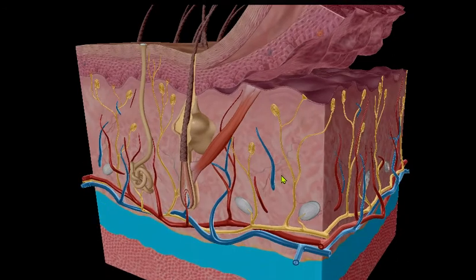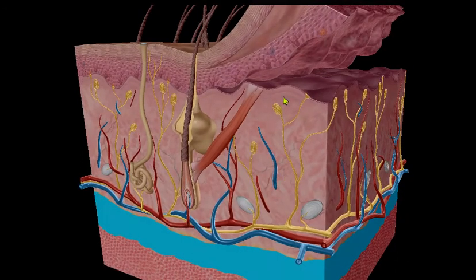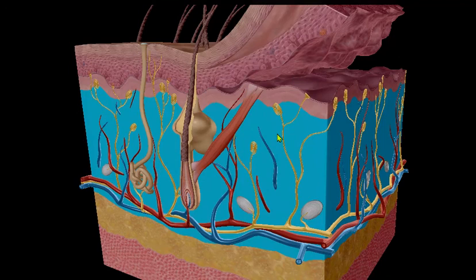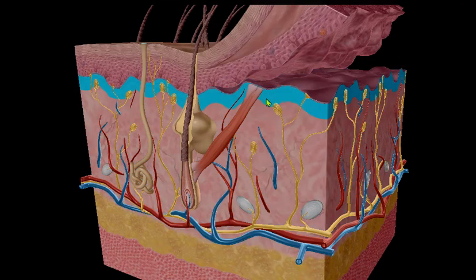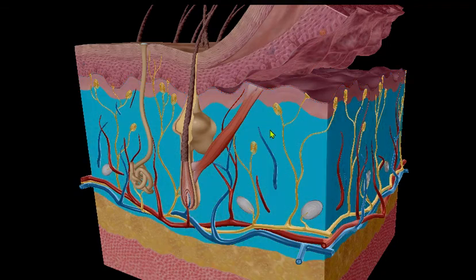The dermis is further subdivided into two areas. There's the top layer of the dermis, which we call the papillary layer, and the layer further below, which we call the reticular layer. So the papillary dermis is here, and this is the reticular dermis. Together they are referred to as the dermal layer.